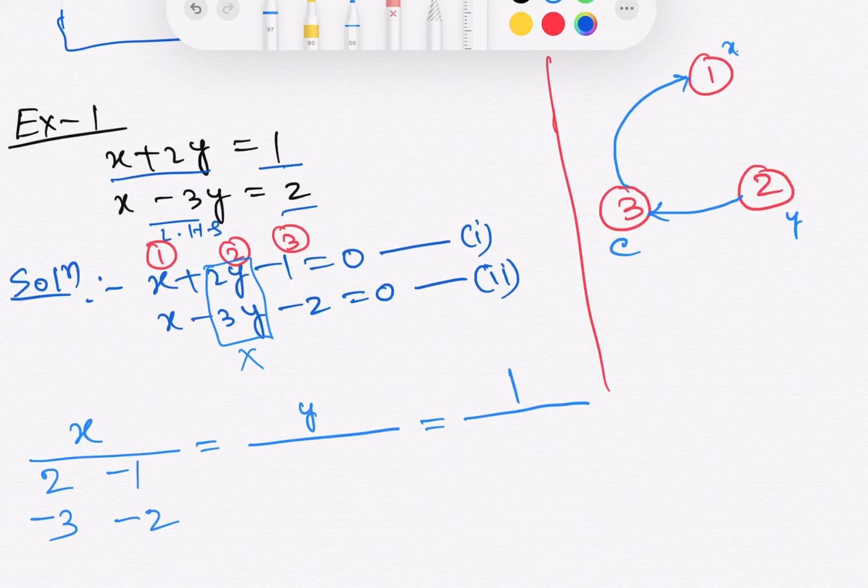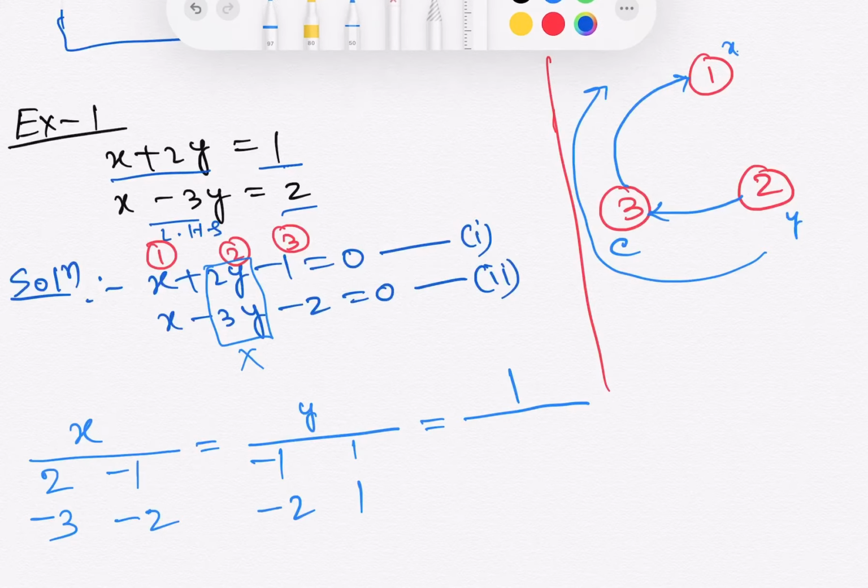This means we first write the constant part: from equation 1 minus 1, equation 2 minus 2. After that we write the x variable coefficient, from equation 1 plus 1 and equation 2 also plus 1. So the y portion is complete.